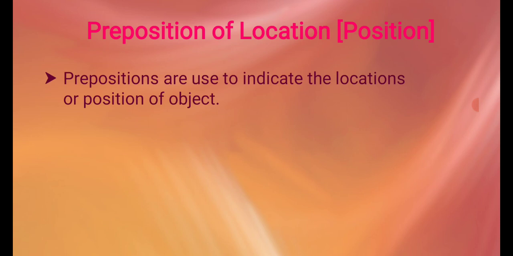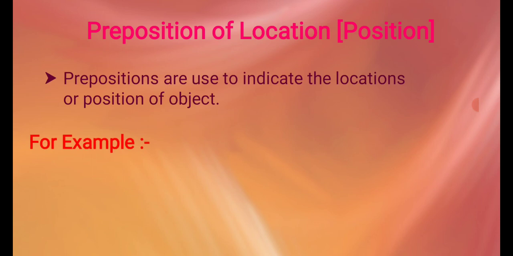Prepositions are used to indicate the location or position of an object. It is called the preposition of position or location. It means that the preposition is the word which indicates the location or position of the object. Object means a noun, pronoun or any phrase.